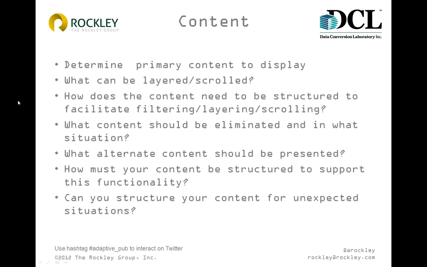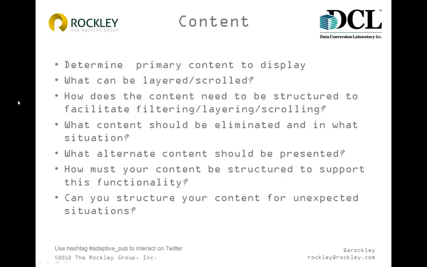What content might we want to eliminate in a certain situation? So it becomes nice-to-have information, not critical information, so we don't necessarily show it. What other kinds of alternates to content could be presented? Maybe instead of a bunch of text, we have a chart which says it all, or a pie chart, or something like that that communicates to people.